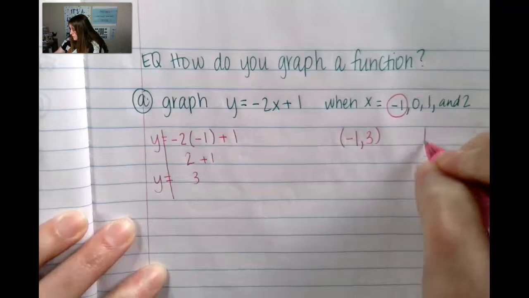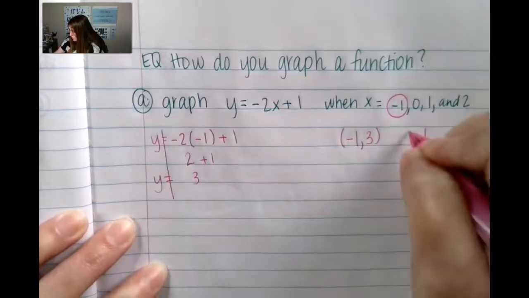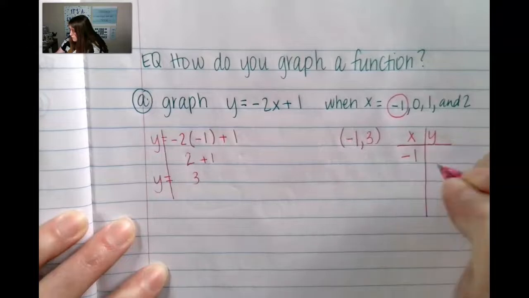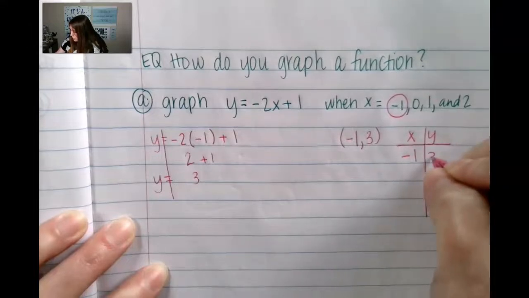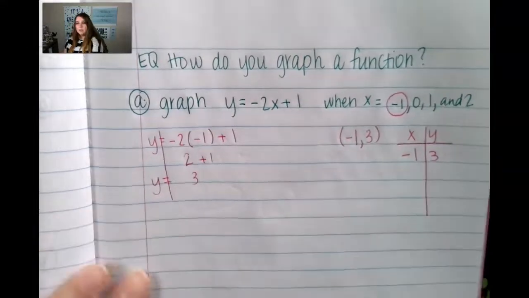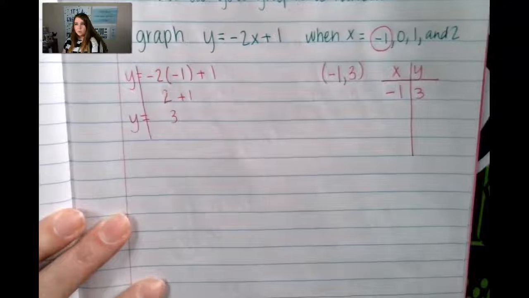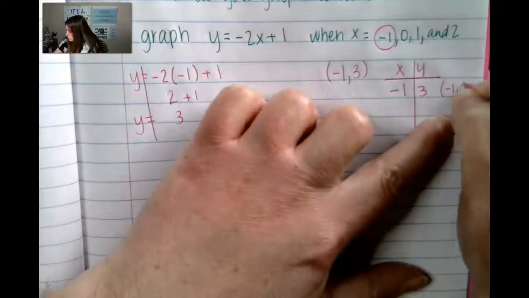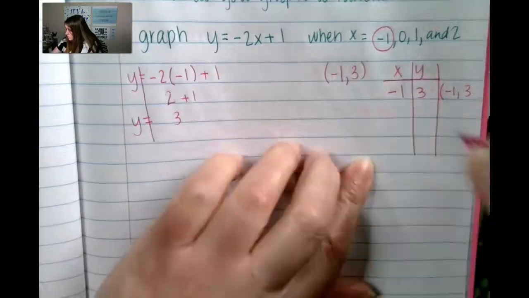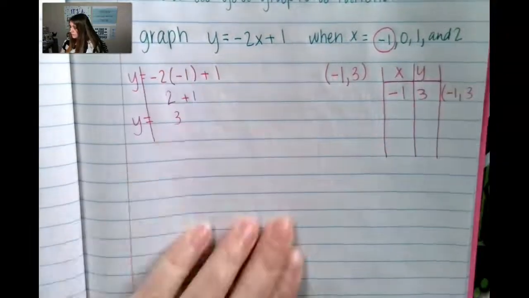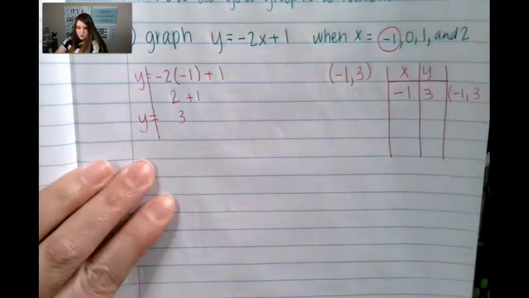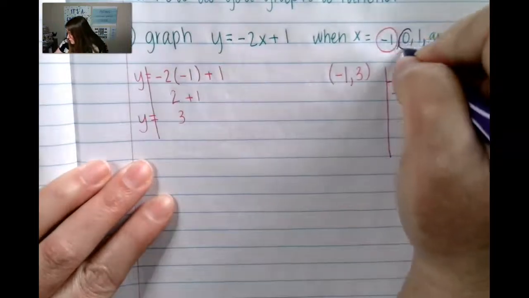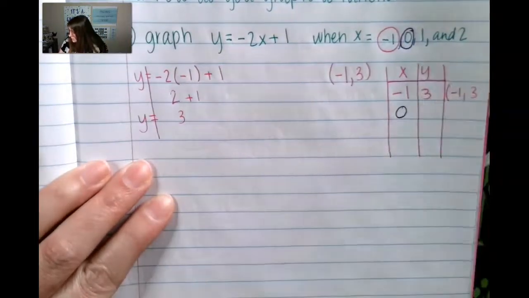And we could even make this into a table of x values and y values. When negative 1 is x, our output is 3. And that's how you get your ordered pair of negative 1, 3. Okay, so let's go ahead and do the next one. Our next problem has 0 as our x value.